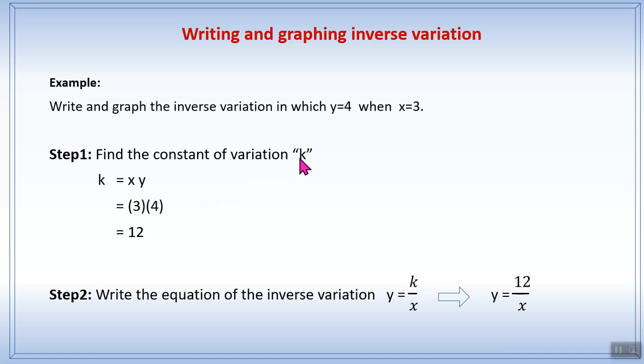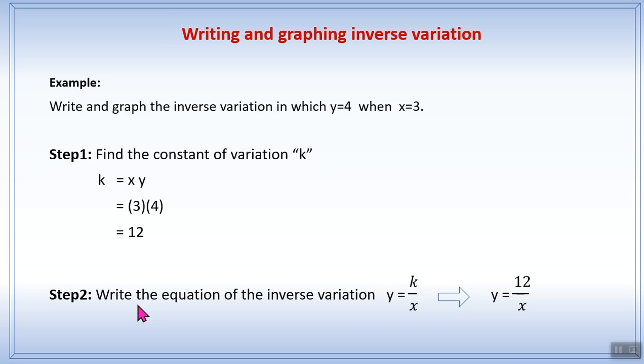Now we said also in the inverse variation that always when we multiply x and y, we get a constant, which is k, the constant of variation. Now we have the value of x, which is 3, and the value of y, which is 4. So 3 times 4, we get 12. This is the constant of variation. I think this step is very clear. This is number 1. Now number 2.